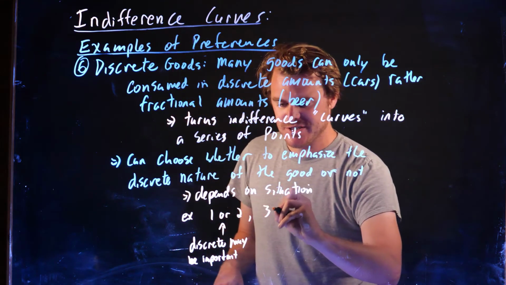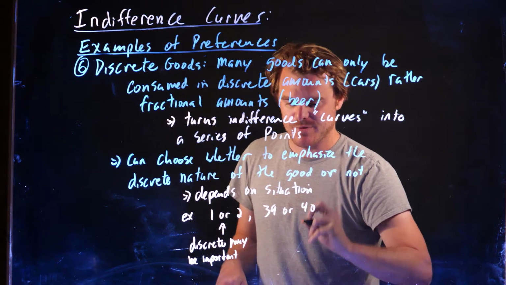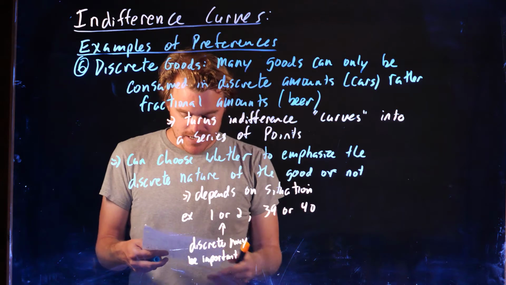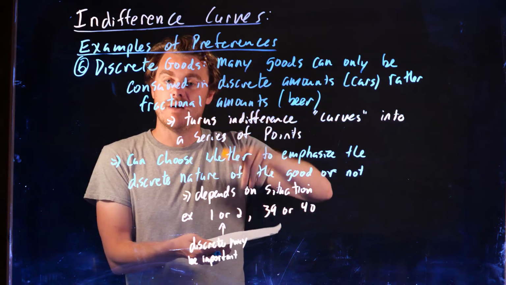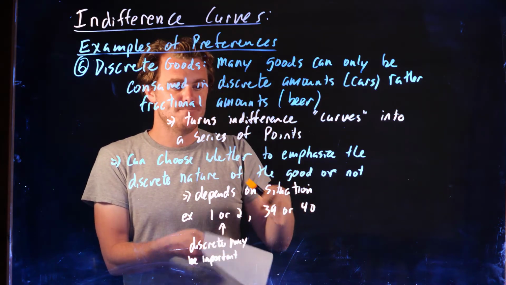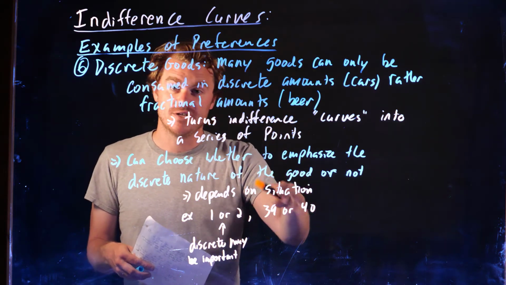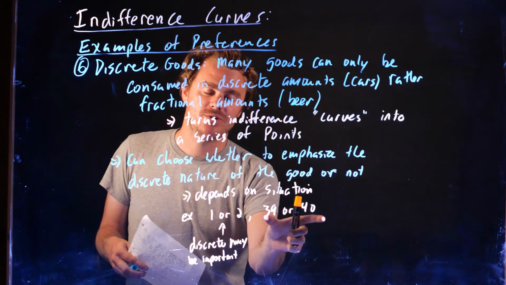But if we're in some situation where this person's going to buy 39 or 40 beers or something like that, you can only buy beers in whole amounts for the most part. But it might be less important to underline the discrete nature of the good in this situation.